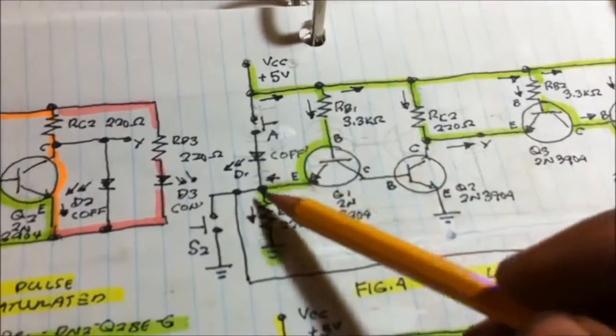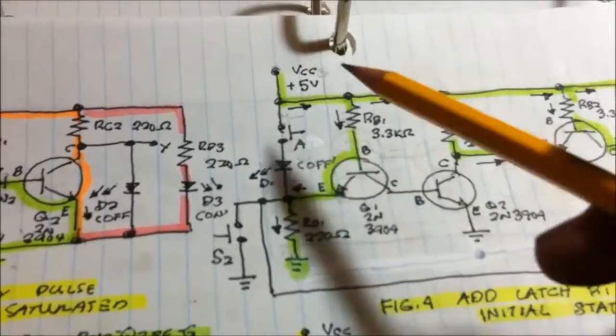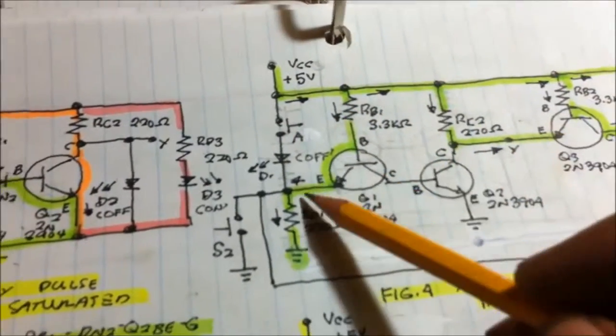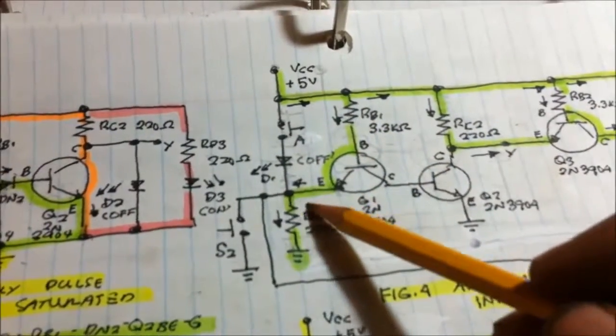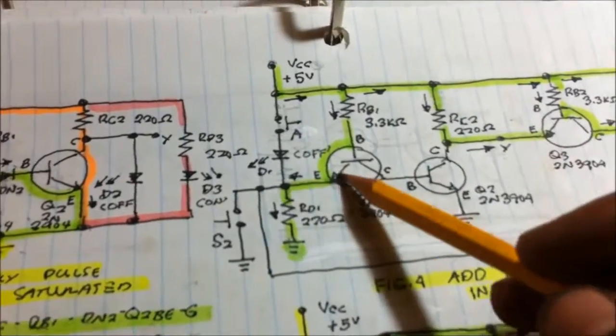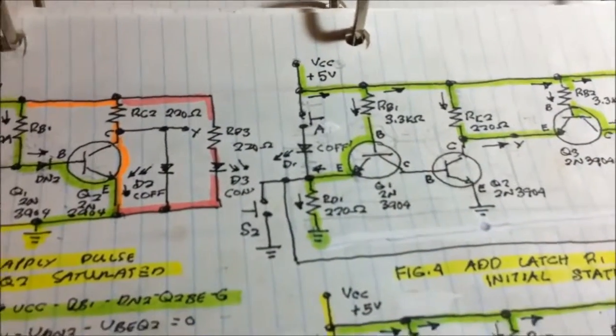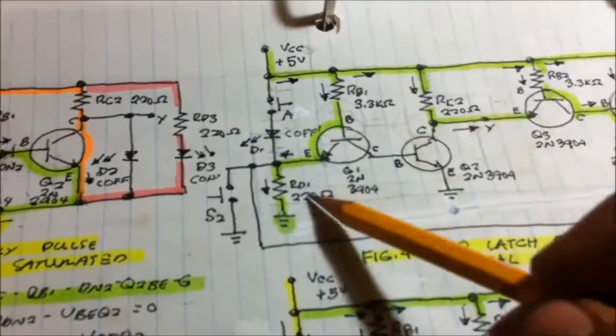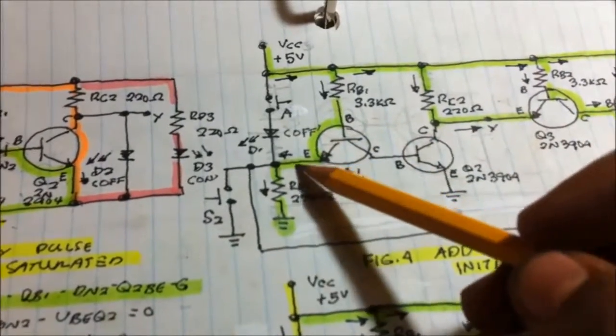Since we're using the switch here, voltage supply, putting the state of the circuit into 0, grounding the input, we are going to use this truth table.